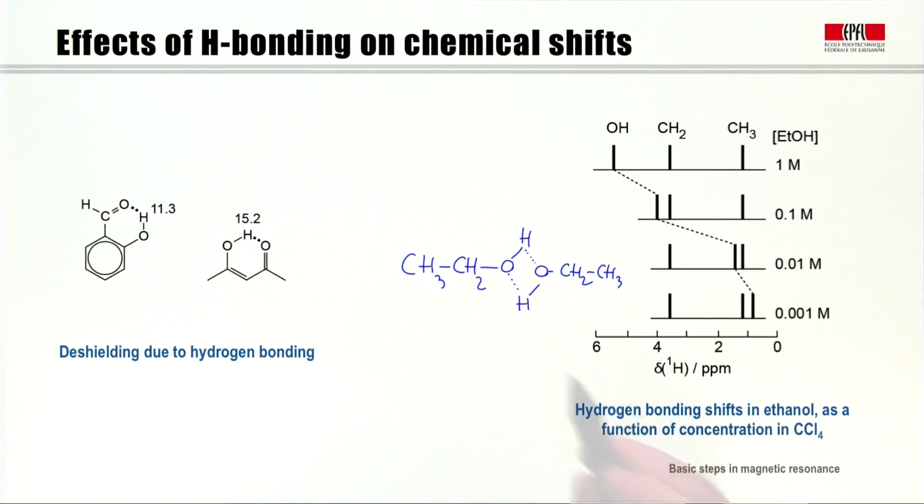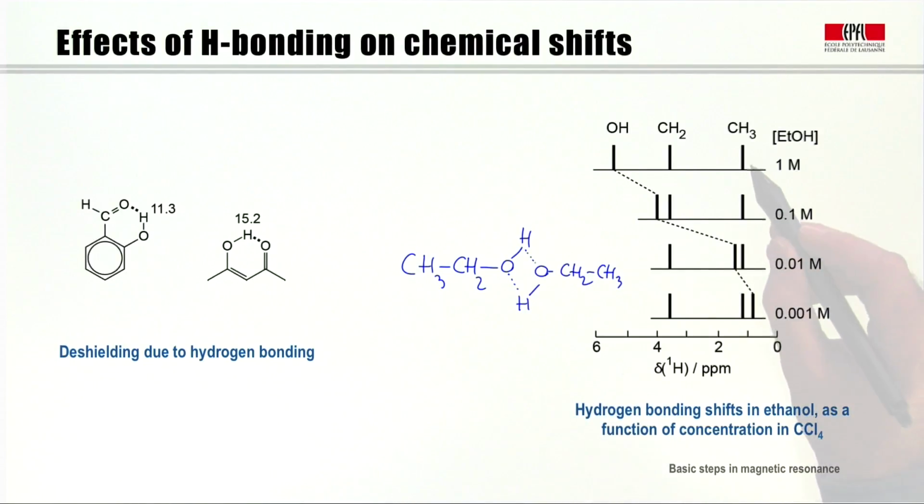And because there are these intermolecular hydrogen bonds, the electron density around each of these two hydrogens is very weak, very diminished, and we are in effect in a position similar to this, and so the chemical shift of that hydrogen is very much to the left, or it's very deshielded.